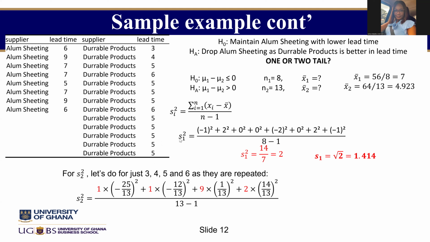Sylvia, your hand is up. Can you explain why you are squaring it again? Because I still don't understand. Why am I squaring? I'm squaring because I'm calculating the variance before I calculate the standard deviation. In fact, this thing should be the variance.